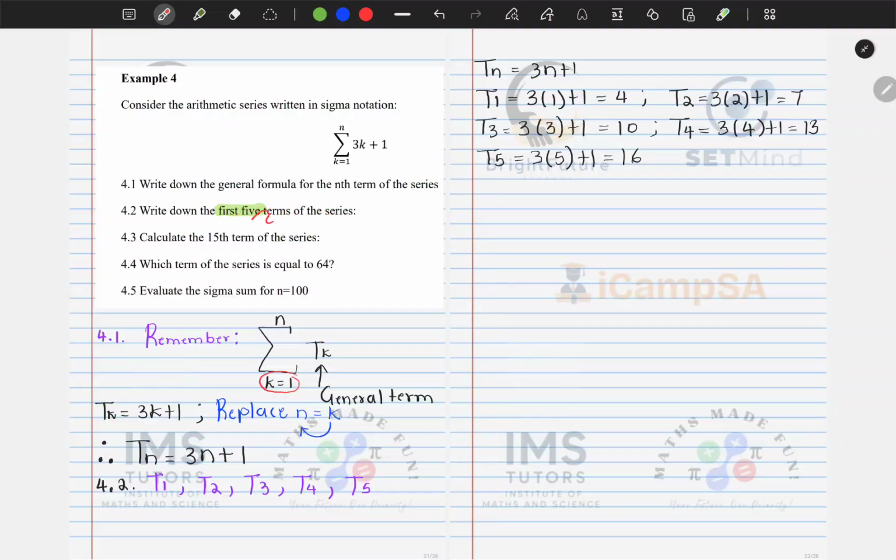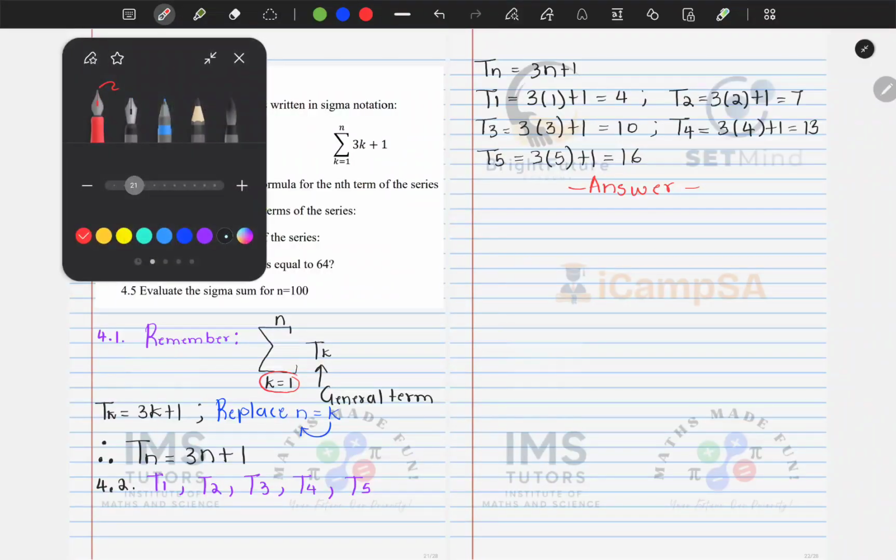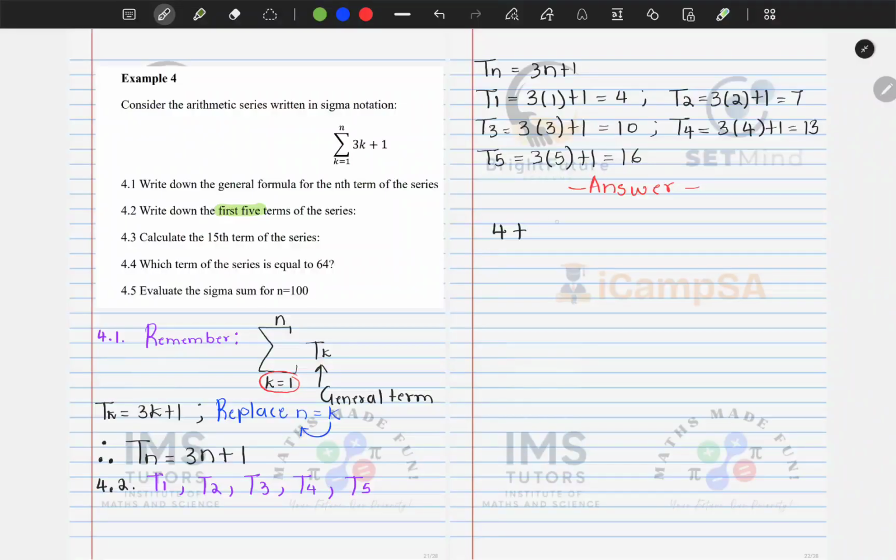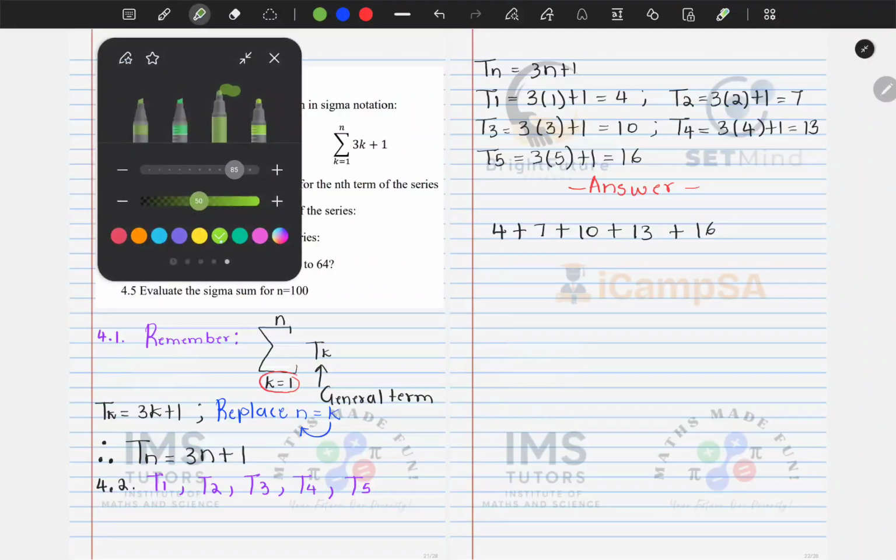They said the first 5 terms of the series. So our answer should be presented as a series. So term 1 is 4, so that means I'm going to have 4 plus 7, which is term 2, plus 10, which is term 3, plus 13, which is term 4, plus 16, which is term 5.